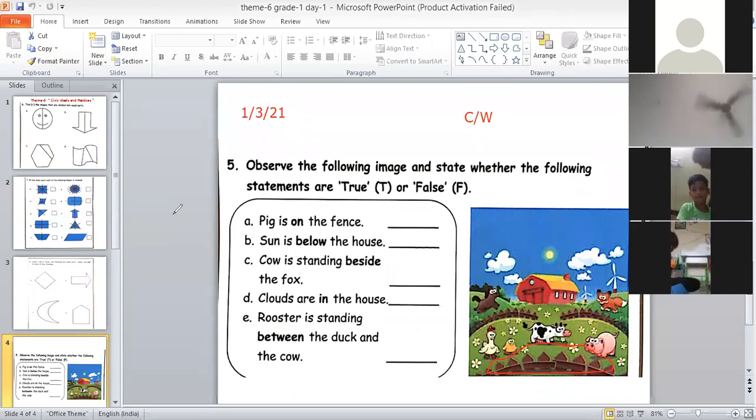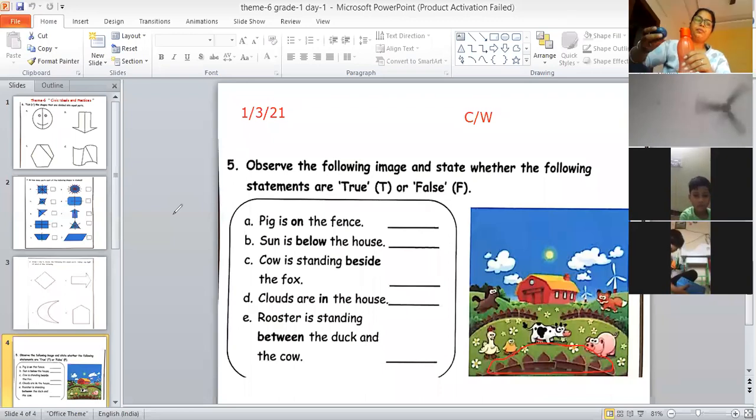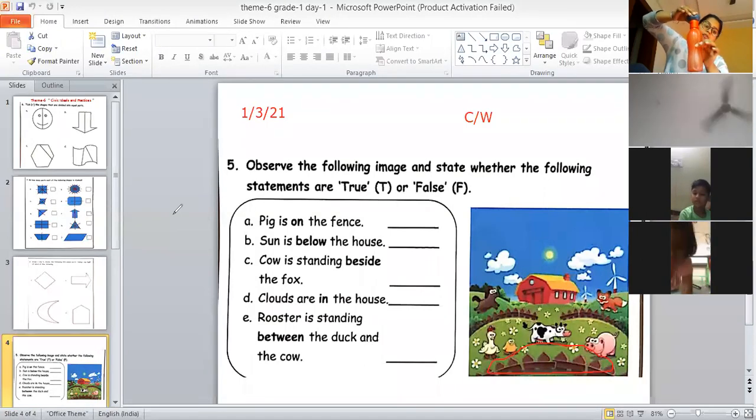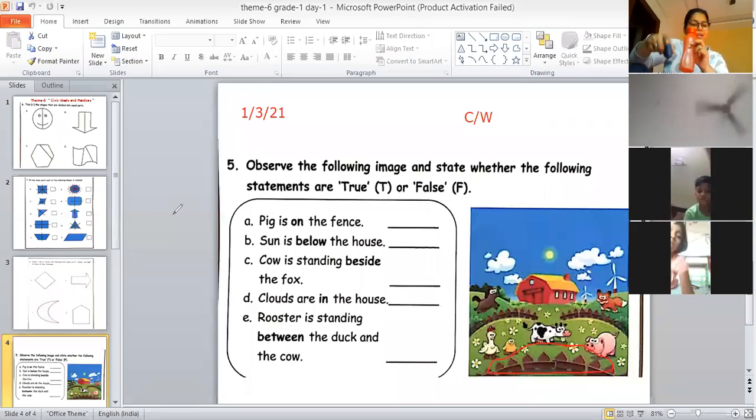See here, Suryansh, look here. Is that pig standing on the fence like this? Like this AirPods is on the bottle when I am touching it. When I am keeping this AirPod above this bottle and touching it, this means on. Like you are sitting on the chair, right? So is that pig on the fence? Yes or no? No.